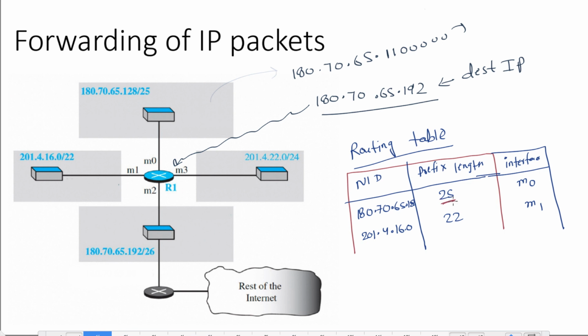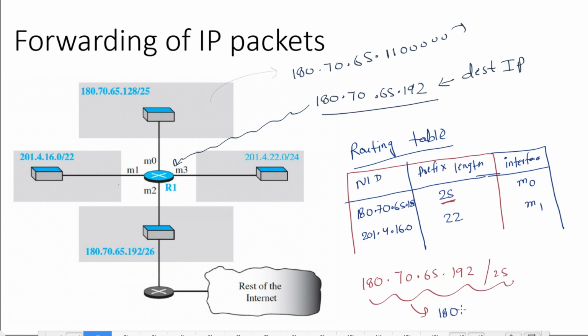Suppose this is the destination IP. If I apply 25 here, I find the corresponding network ID, which means I fix the initial 25 bits and make all the remaining host bits 0, and then I get the network ID.